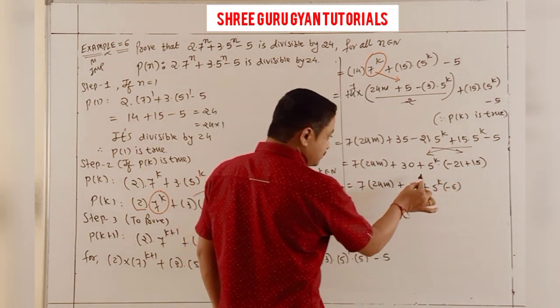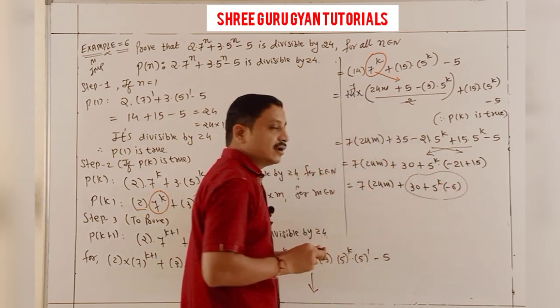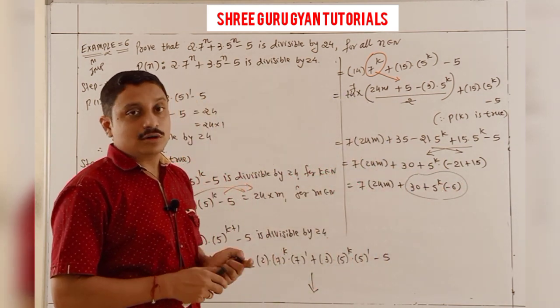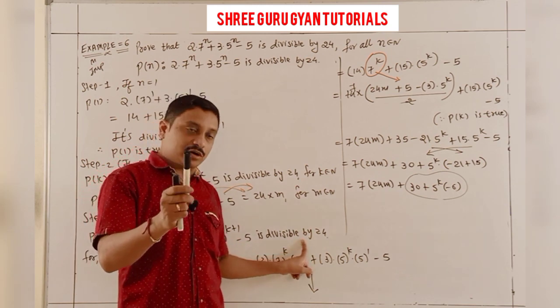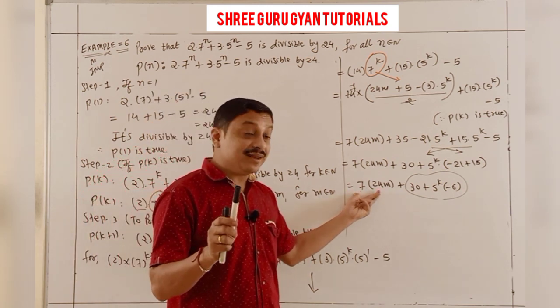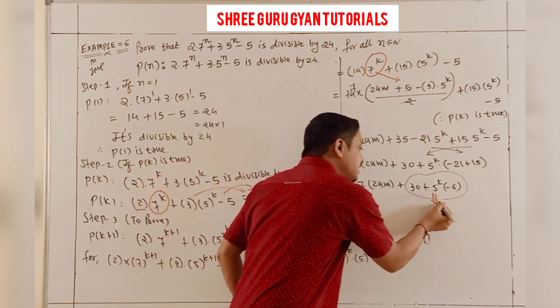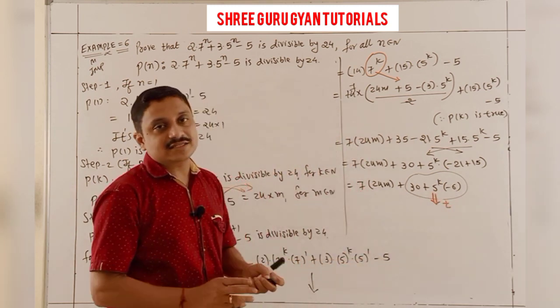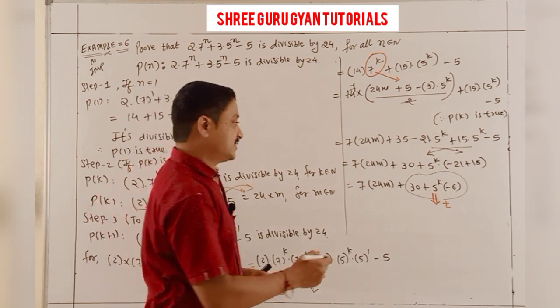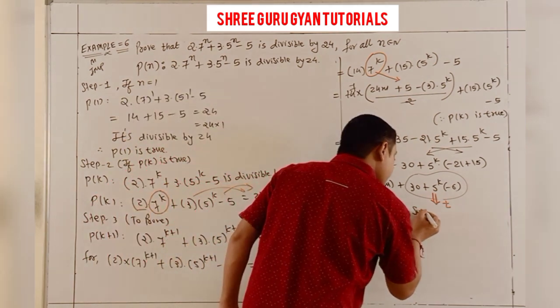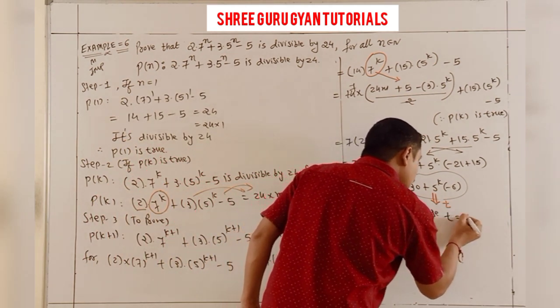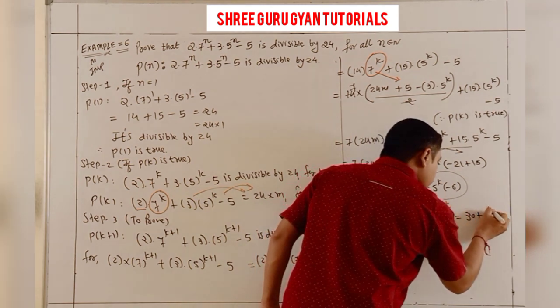Yes students, this particular part I explain now, because I want it divisible by 24. Here 24m is divisible, but here I must prove it. So I explain that value. Suppose T is equal to 30 plus 5 raised to k minus 6.